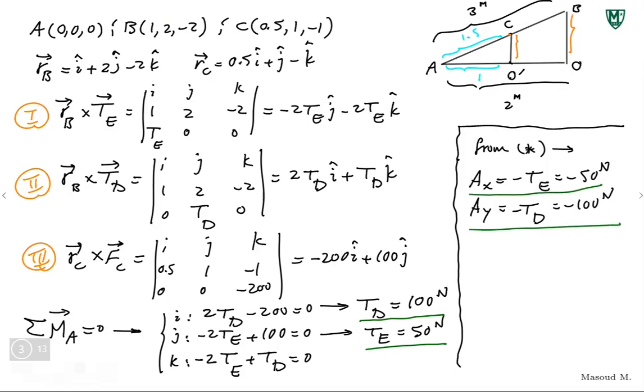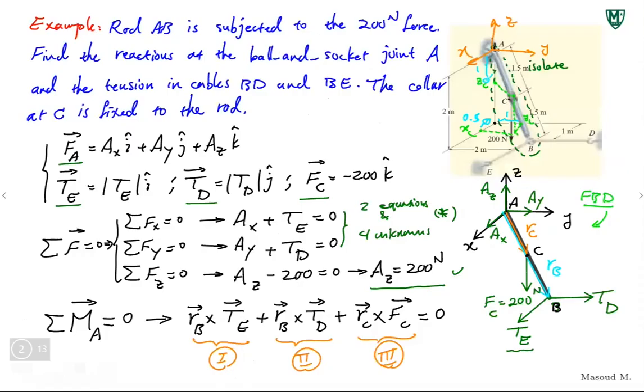Now, obviously, these minus signs are trying to tell us that the magnitude is correct, but the direction you assumed on your free body diagram is not correct and it should be flipped. So if I wanted to draw this free body diagram correctly, and if I knew the correct direction, I should flip AX and AY. So instead of going in the positive direction of the X and Y axes, they should go in the negative direction of the X and Y axes.